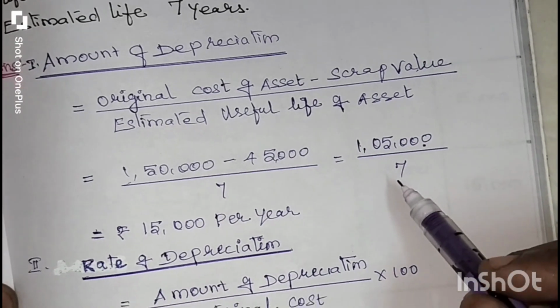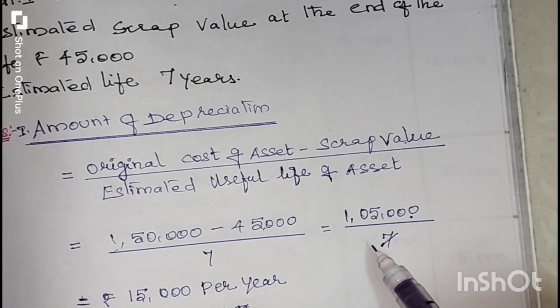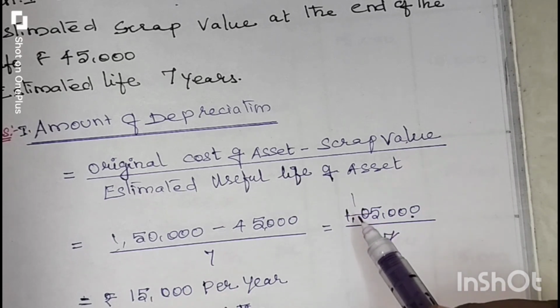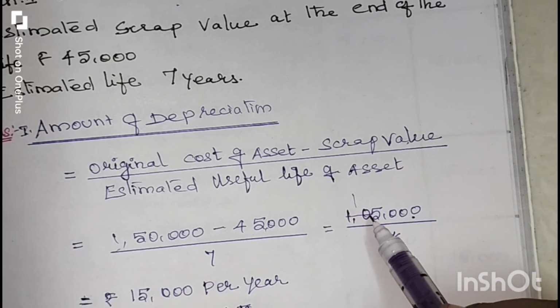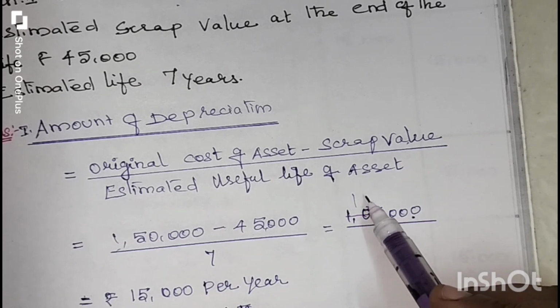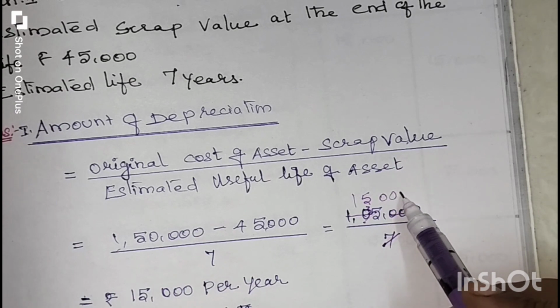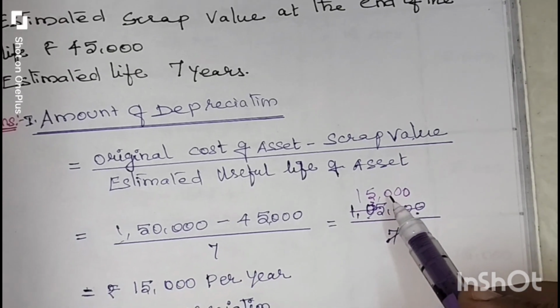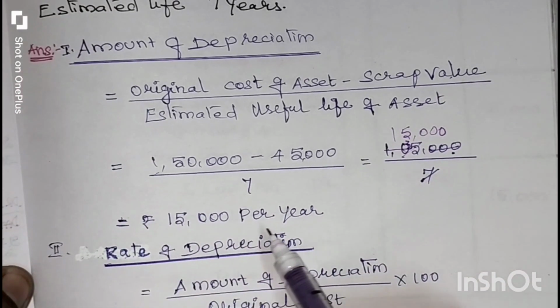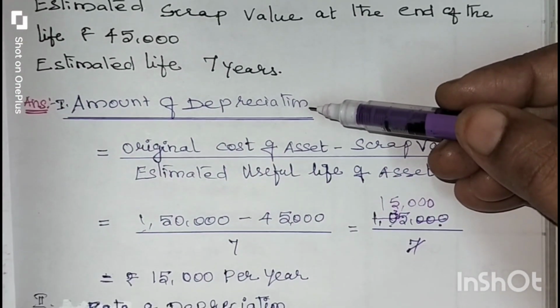Now we cancel it. 7 ones are 7, remaining 3, add the next digit, it becomes 35. 5 sevens are 35. The last 0 is added here. So 15,000 rupees is the amount of depreciation per year.